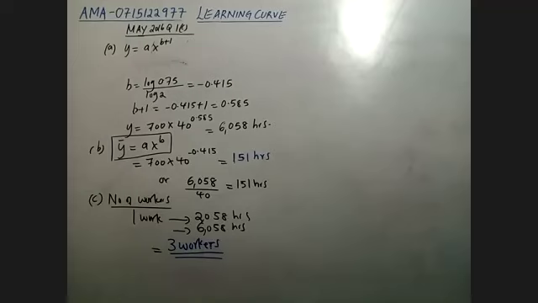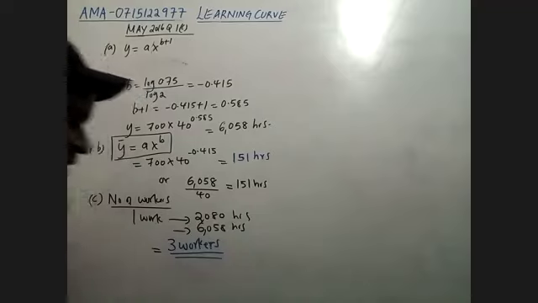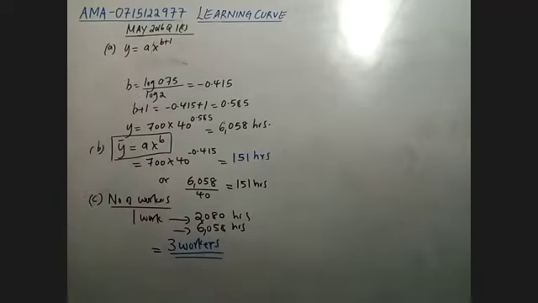Ni 2058 instead ya 2080. Haya, 2080. Inampatia 3 so ina change workers? The same because it is 2.9. Yes, we cannot have a fraction so itakuwa ni 3.